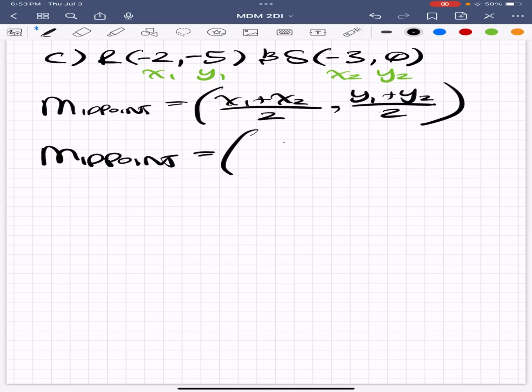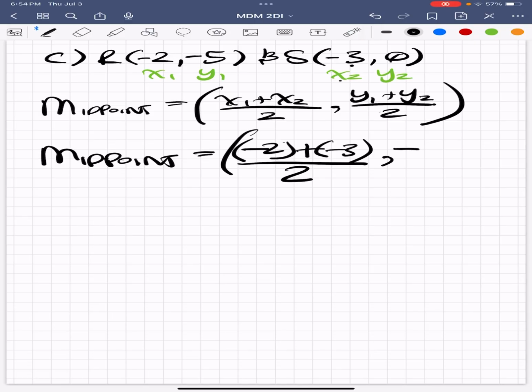So we have x1, which is -2, and then we have x2, which is -3, so plus negative 3, and then we have all of it over 2. There'll be a comma in between.